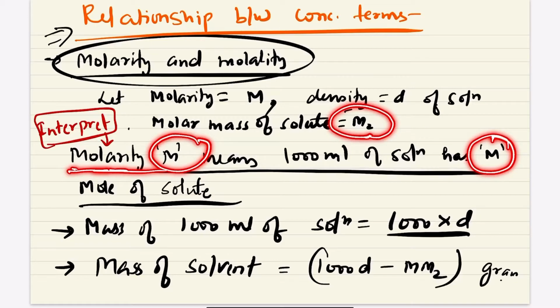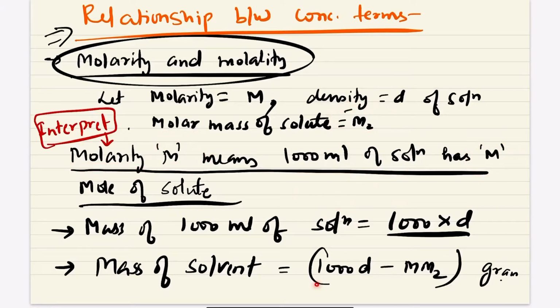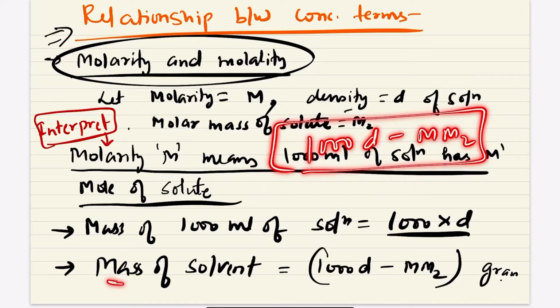So the mass of solute is the number of moles of solute multiplied by the molar mass of solute, which is M into M2. So this comes out to be 1000 D minus M M2. This is the mass of solvent.